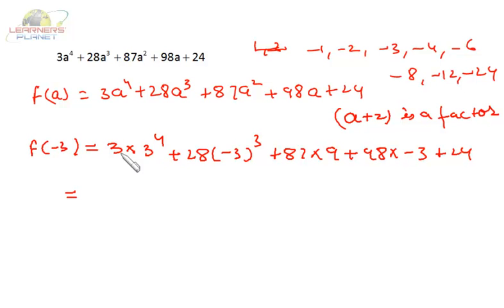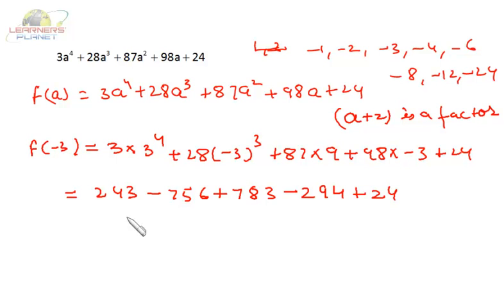So it's 81 into 3, 243, minus 27 into 28, that is negative 756, plus 87 into 9, that is 783, minus 98 into 3, so it's 294, and then it is plus 24.